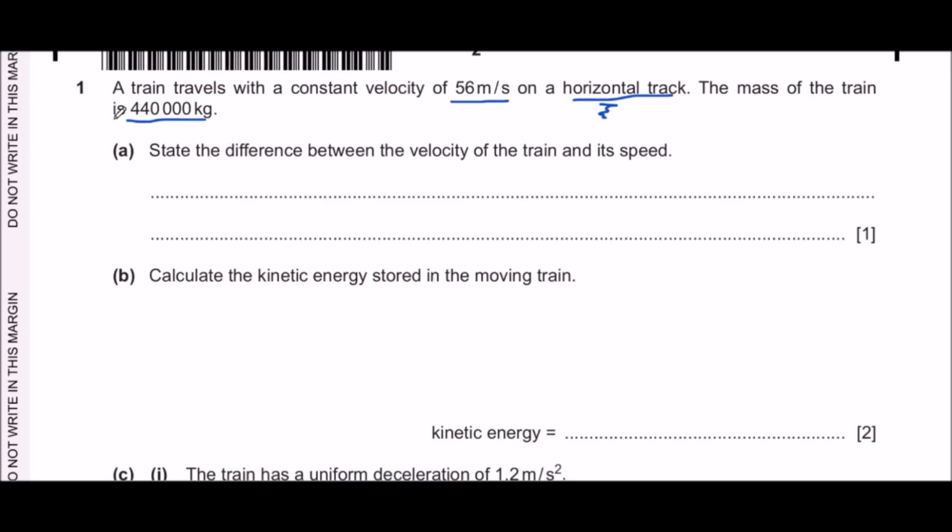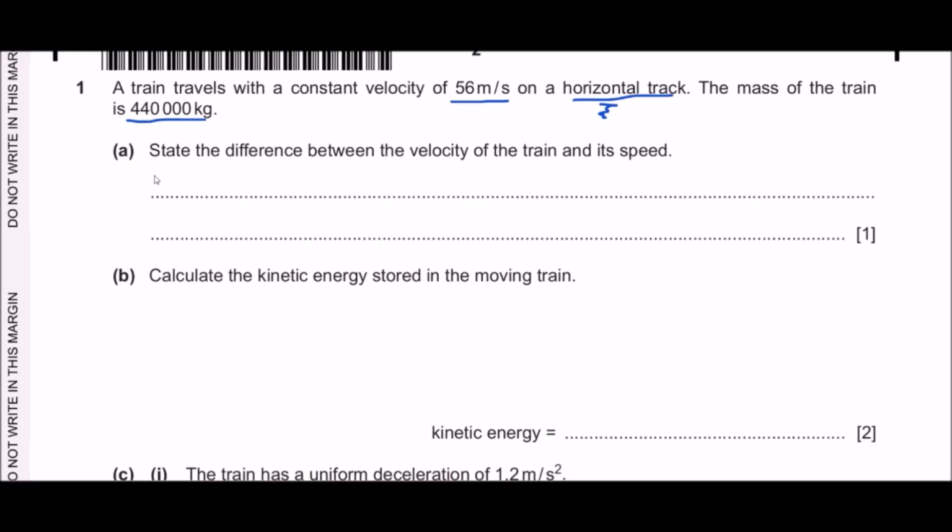Item A reads, state the difference between the velocity of the train and its speed. This question is coming straight from vectors and scalars, and we are supposed to know the difference between a vector and a scalar. We are also supposed to know that velocity is a vector and speed is a scalar.